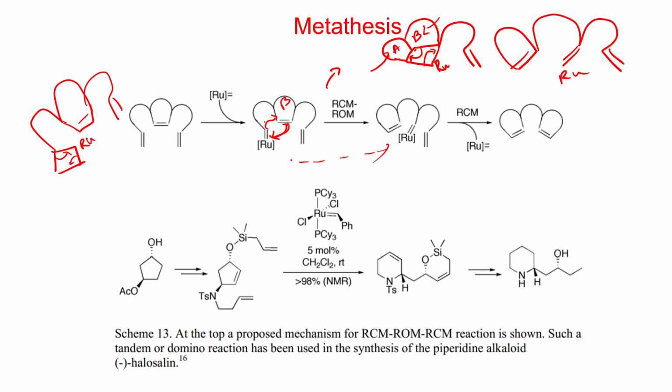To form that A ring, so ring closing, that B ring must open, and that's why that RCM and ROM, those two things occur simultaneously. Now after that again, this thing would be happening this way, and followed by again ring closing metathesis. It will be these two rings, and that catalyst will be regenerated.